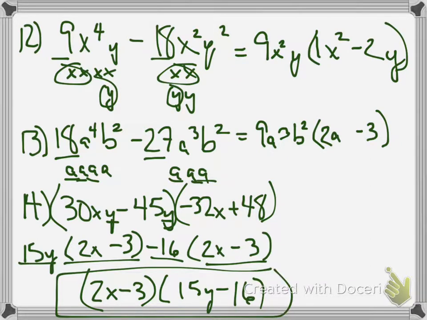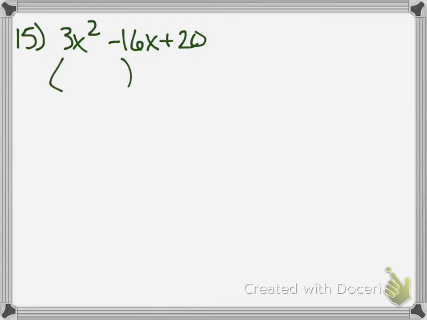Okay, you might want to go back and look at some of those and see what you can do. Alright, let's look at number 15: 3x squared minus 16x plus 20. We can factor this, and this is what I would do. I'd put 3x and 3x, since this has a 3 in front.